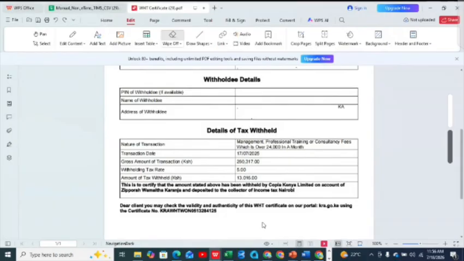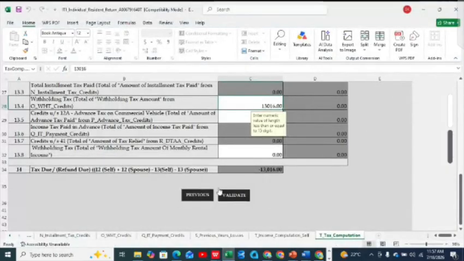As I said, in case you are dealing with interest originating from a financial institution, the 15% which is usually deducted from the gross amount of that interest is a final tax. What does it mean when it is a final tax? It means you do not declare it here in the P&L.